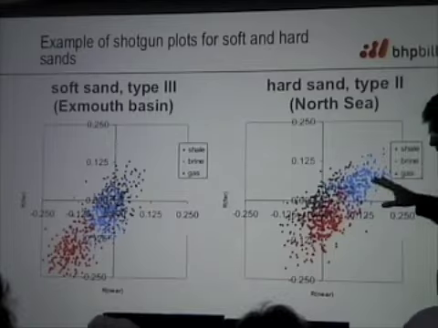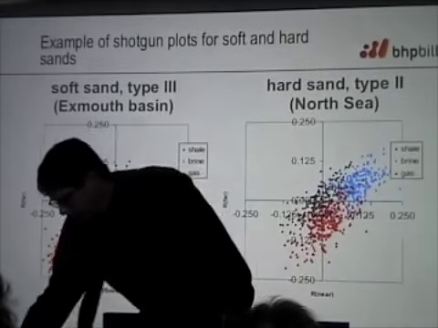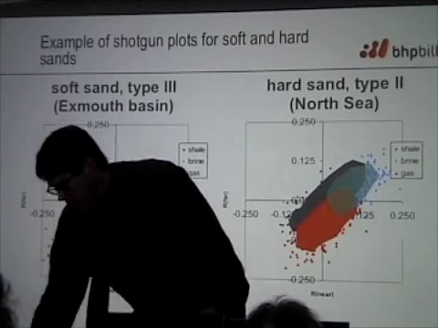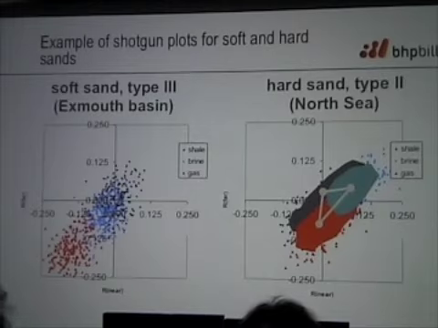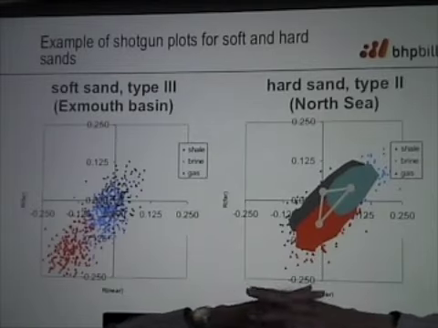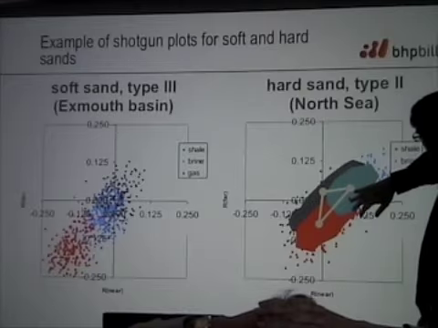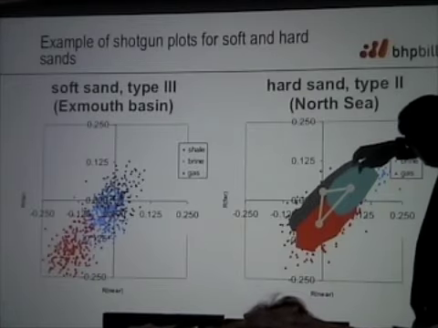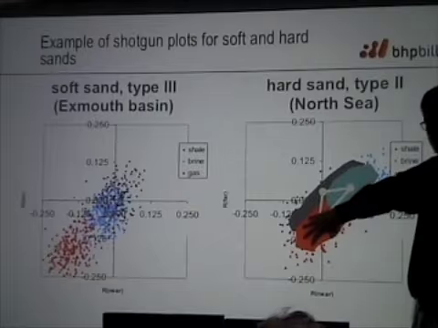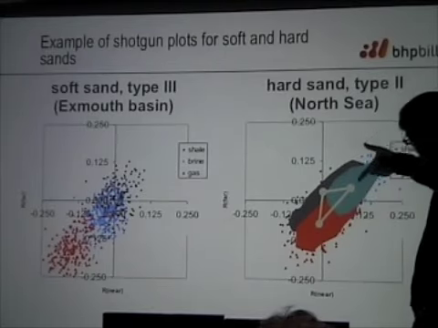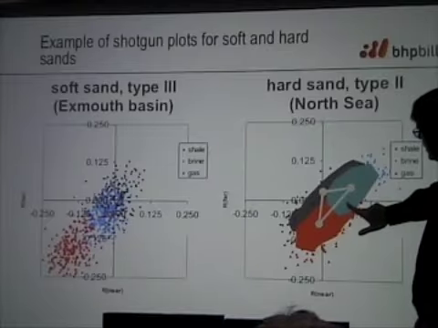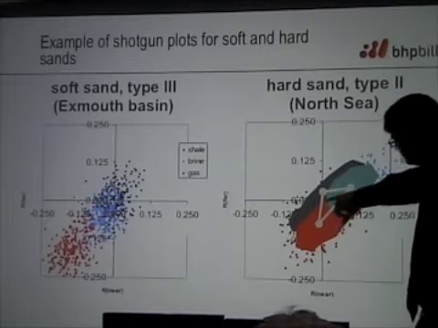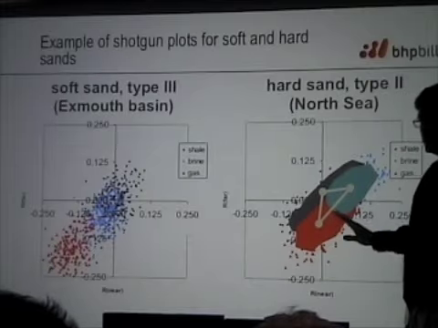And also notice another thing about the structure here, which is distinctly different. You have three clouds that no longer form a line, they form a triangle, okay? And what this means is if I want to tell the difference between a brine and a hydrocarbon, if I know it's sand, I want to look along this direction. And if I want to tell the difference between a shale and a sand, I want to look along this direction.